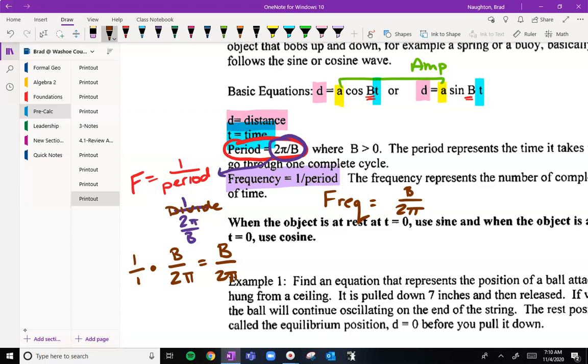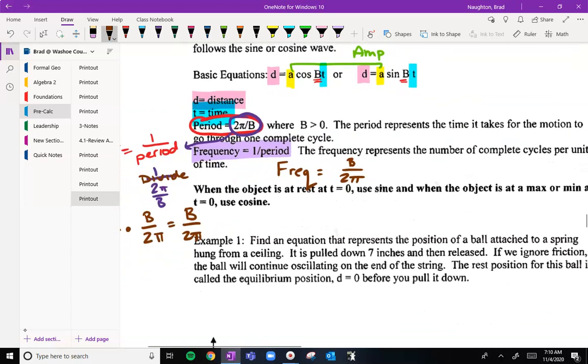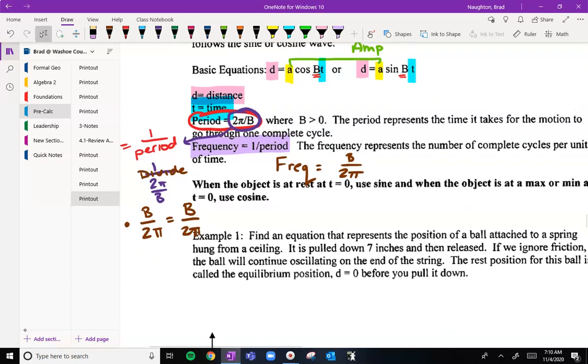Okay? But technically frequency is 1 over the period. All right, so this next part kind of tells us which trig function we're going to use, be it cosine or sine, and that's where it's going to start. So you kind of have to read these problems and decide, hey, am I starting at rest? If I'm at rest, as in I'm right here on my midline, well, that's when we're going to use sine.